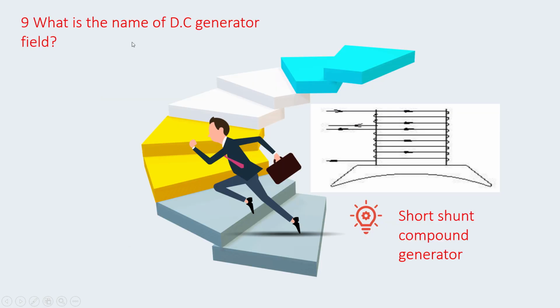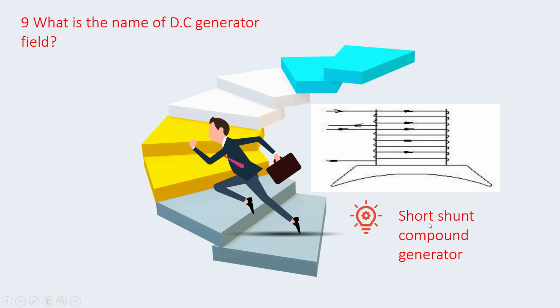What is the name of this DC generator field? So friends, this is the field winding. You have to tell which type of field winding this is. I am going to give a hint: in this picture, you can see the direction of current entering and leaving, but in the second winding the current direction is opposite.